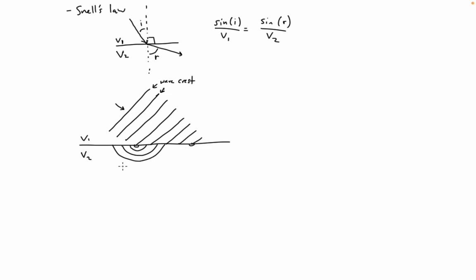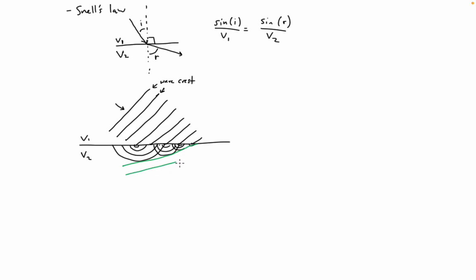So at this point, all of these waves hitting are creating the same sort of thing, each one a little bit smaller as we go this way because it's just been less time. So we can connect those, and that's the new wavefront.